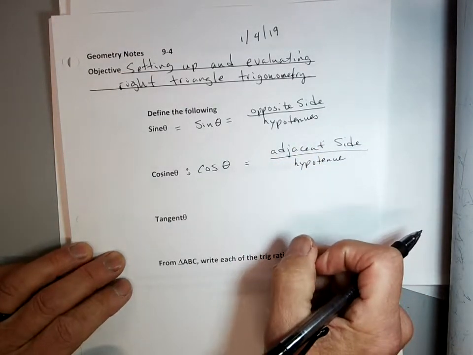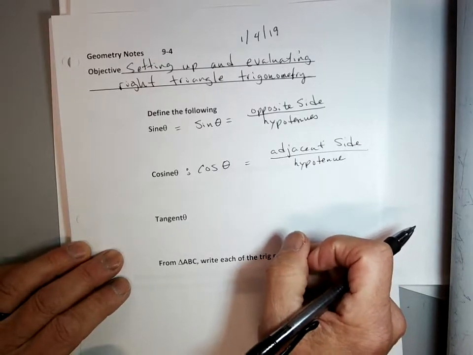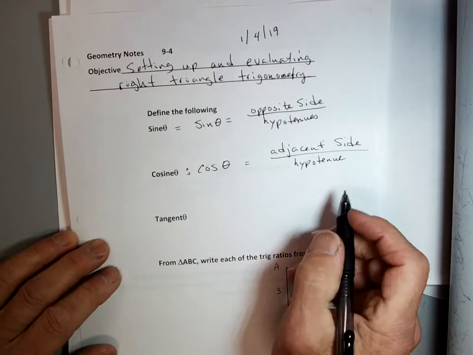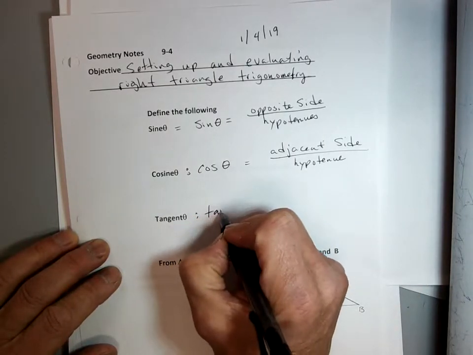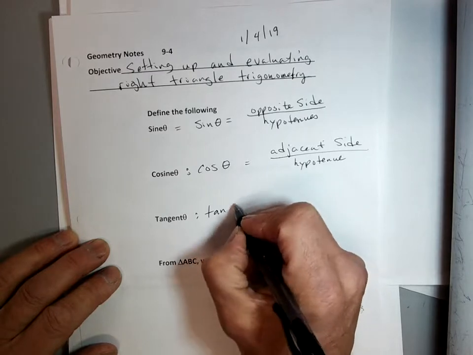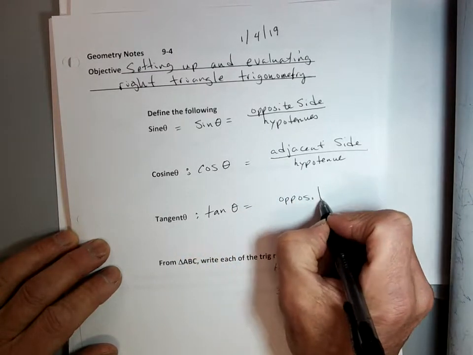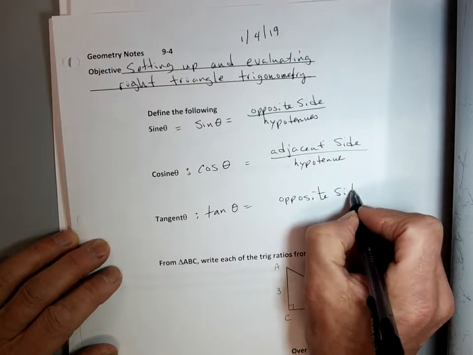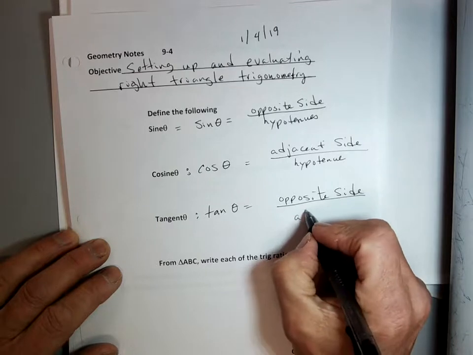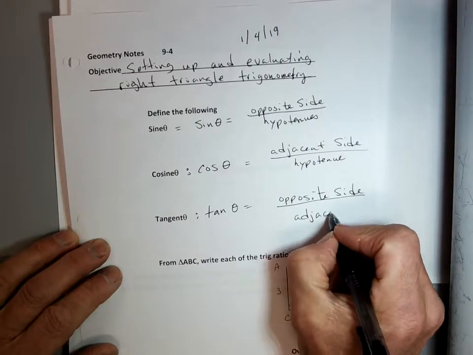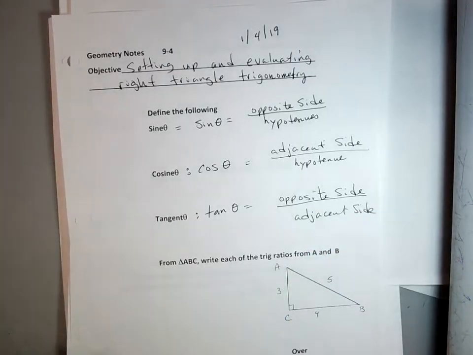As the adjacent side gets bigger, or as the hypotenuse gets bigger, it changes the angle, right? And finally, the tangent function, you'll see it in the calculator as tan, but it represents tangent of an angle is equal to the opposite side over the adjacent side. All right, not too bad.